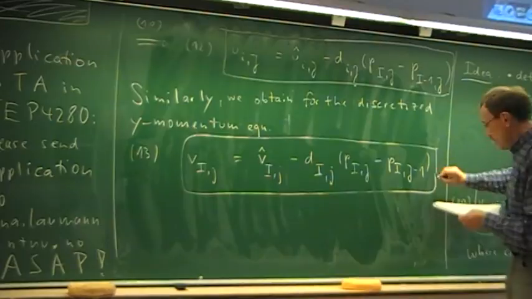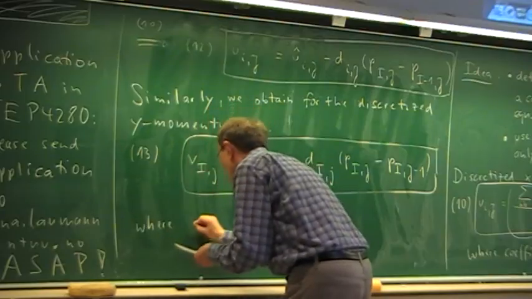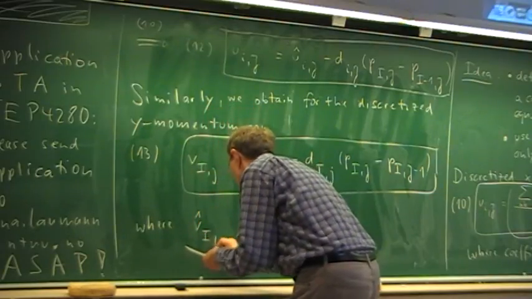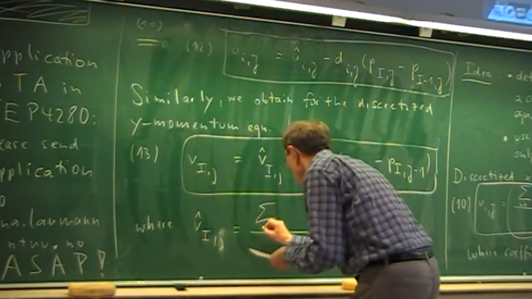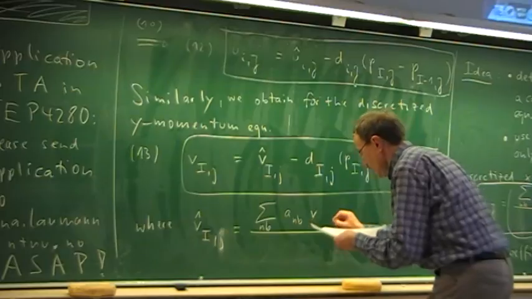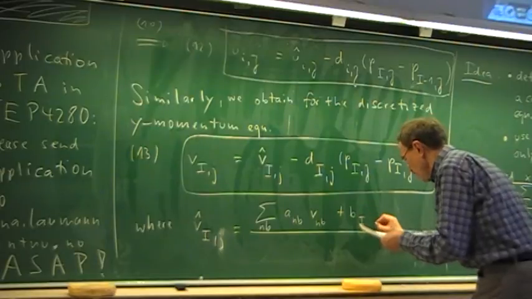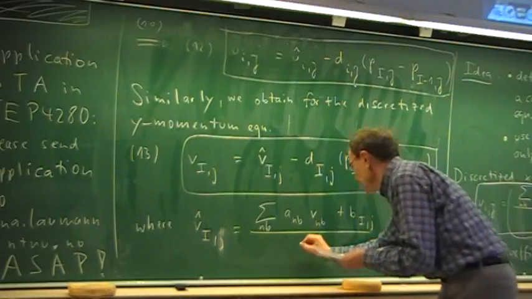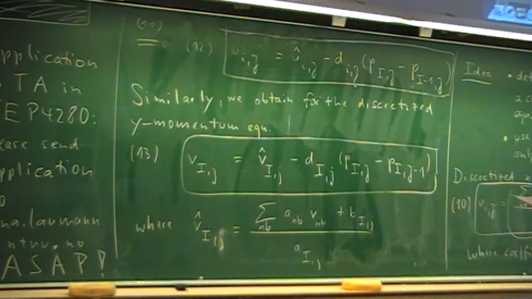Now the pseudo velocity here is defined as v hat ij, equal to the sum over the neighbors, the neighboring coefficients times the v component at the neighbors, plus the source term in the y momentum equation, divided by the center coefficient A ij. So that is the pseudo velocity in the y direction. Here we have it in the x direction, here in the y direction.